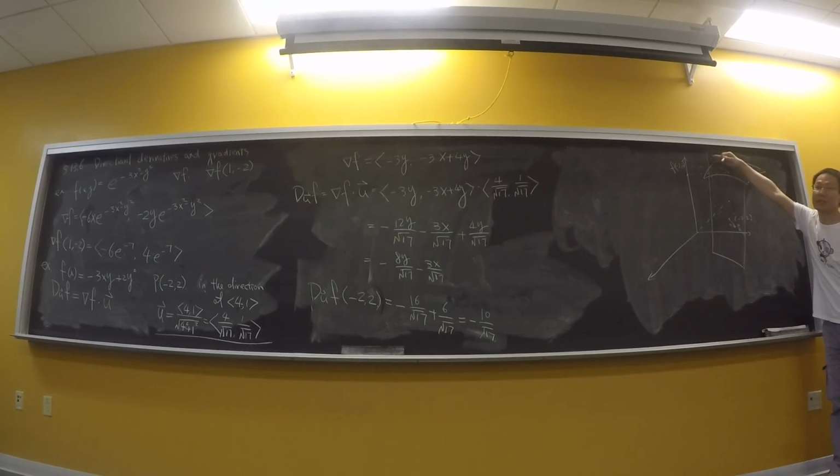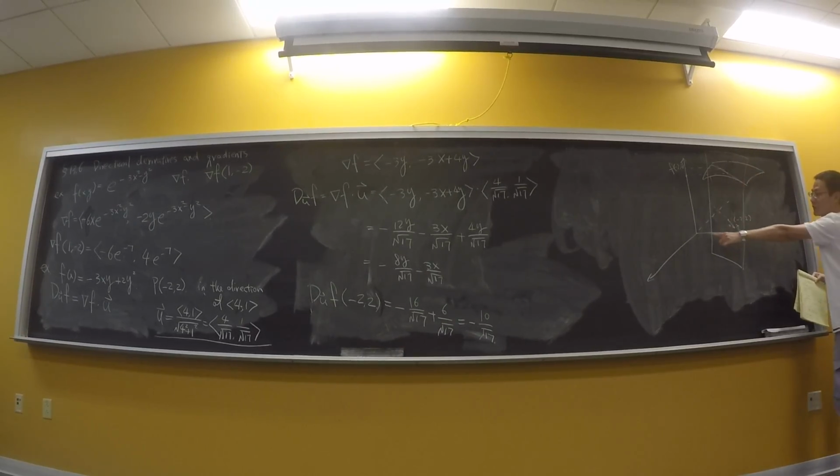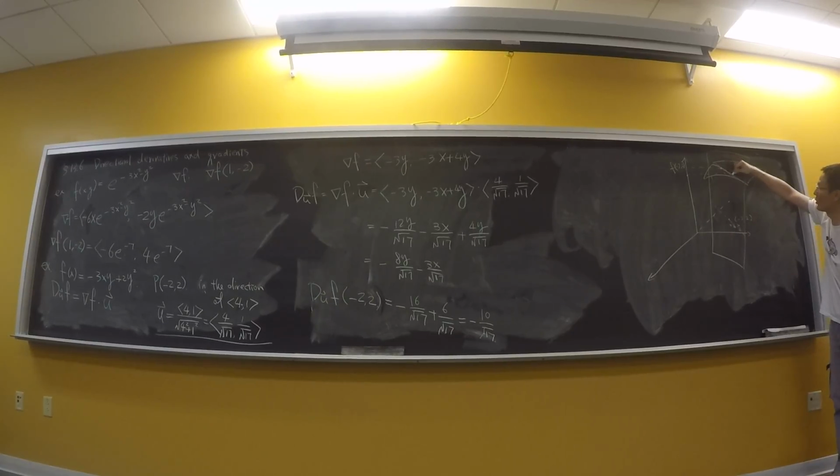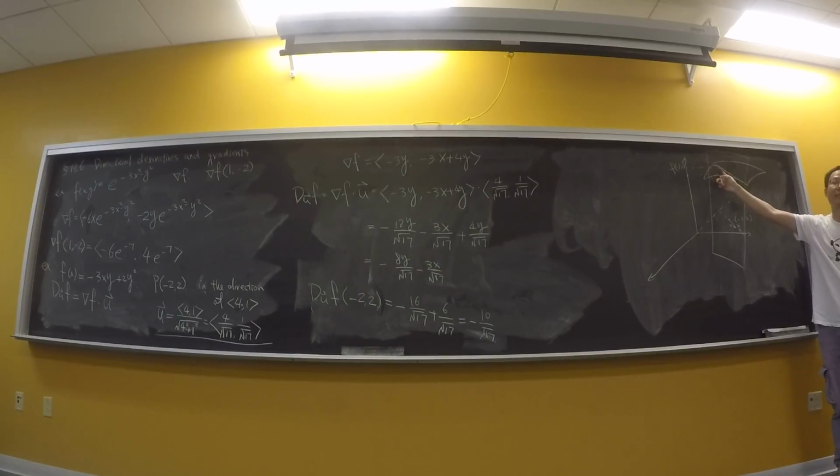That will cut through the surface into a curve. All right? So if you have a plane which is parallel to the z-axis and containing this vector right here, you will cut through the surface into a curve. And at this point, there is a tangent line to this curve. And that number is exactly the slope of this tangent line.